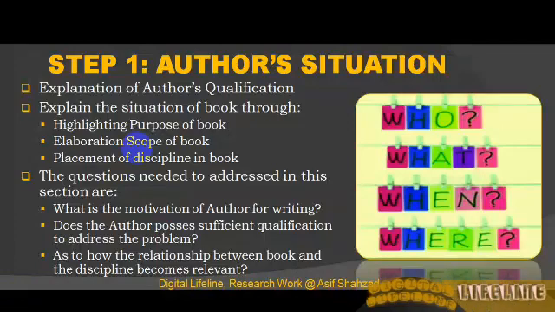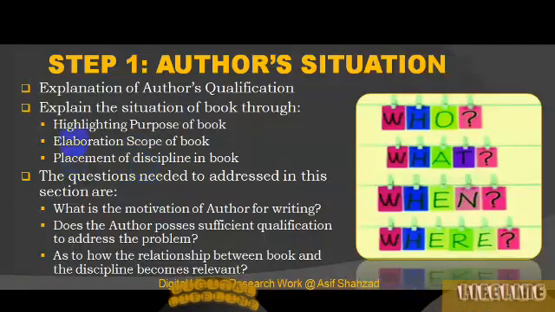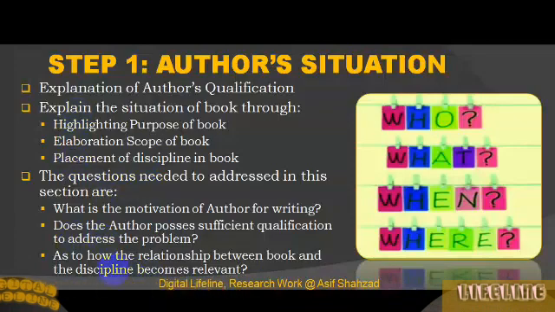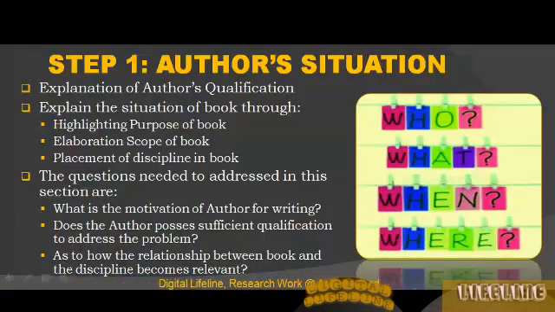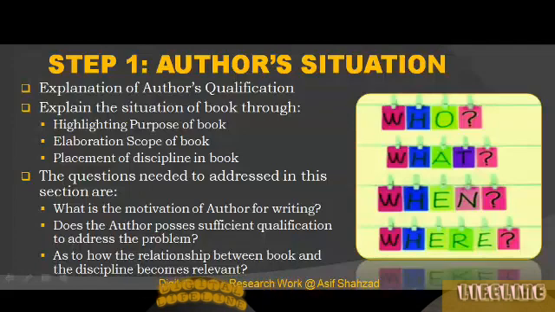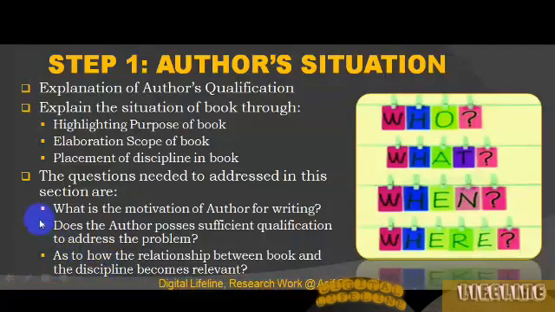Thirdly, and most importantly, if you are going to review a book related to the discipline of political science, IR, social sciences, or biological sciences, you should know the placement of this book in the discipline, because knowing this is very important for you as a critical reviewer.